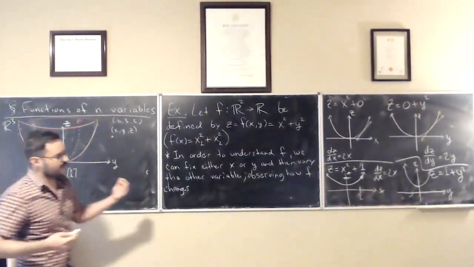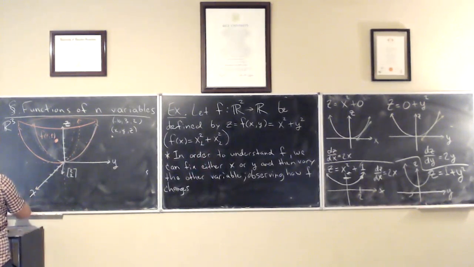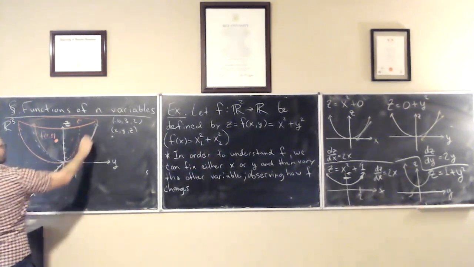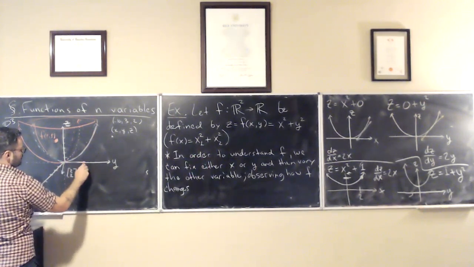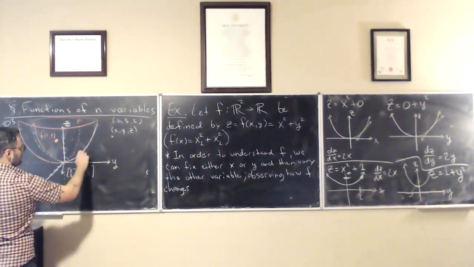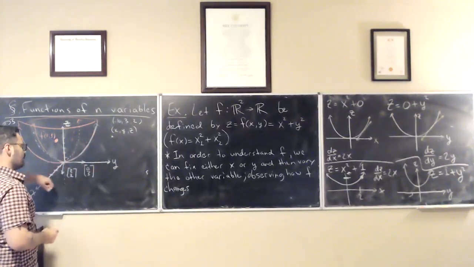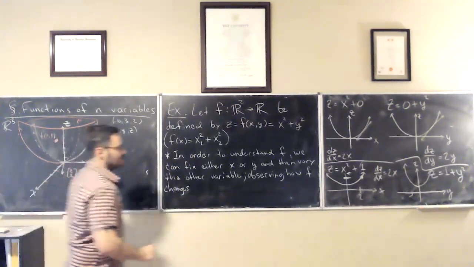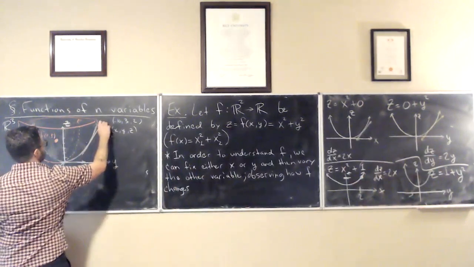Well, think of it the same way as we did over here. When we fix x at 0, we're on this curve, right? So if we point out right here, this would be like the vector 0, 3 or something. Well, we can determine if we're going to go up or down if we move this way or that way by just taking the derivative with respect to y, and we'll get the slope of this line.